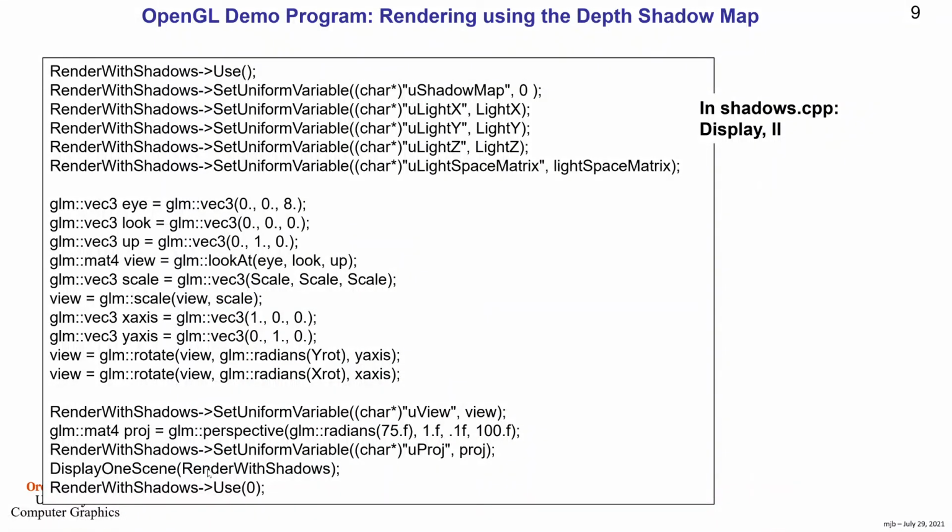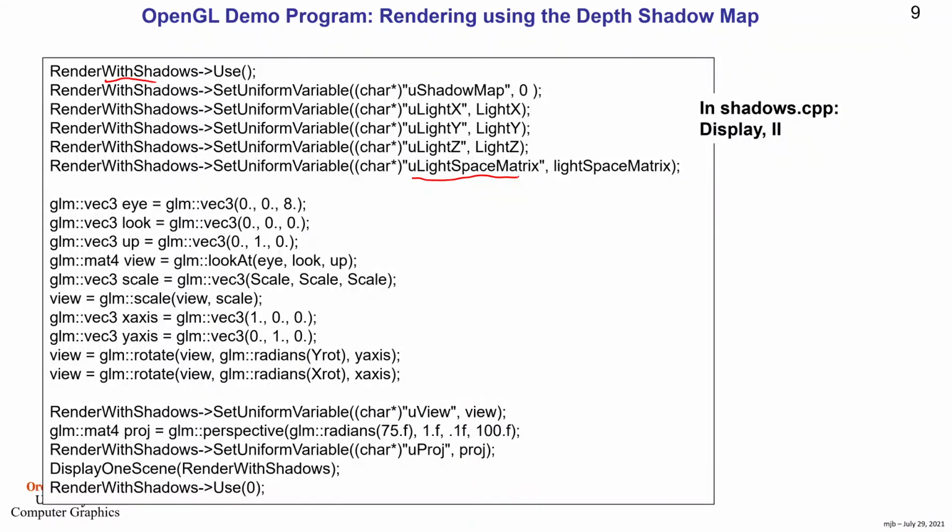Now we're using a second shader called render with shadows. And that shader is being told where the light is. And so every time we go to draw something, every time we go to draw a fragment, we're going to look up where that fragment is with respect to where the light is.